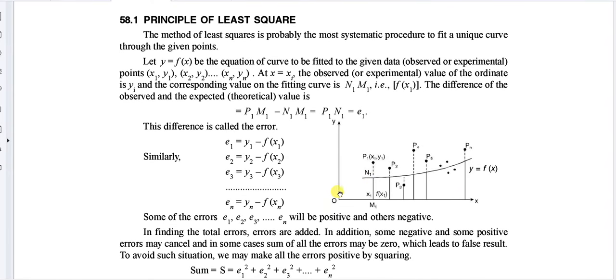Suppose I have a couple of points like x1 y1, x2 y2, and so on, xn yn. Graphically, if you plot this, they can be here: x1 y1, x2 y2, x3 y3, x4 y4, and so on, xn yn.